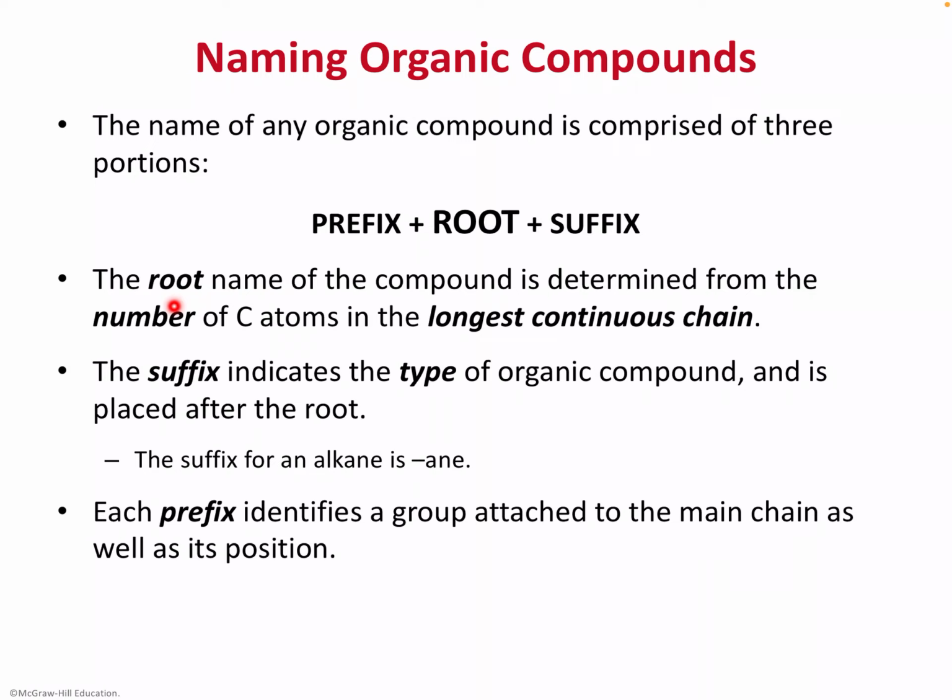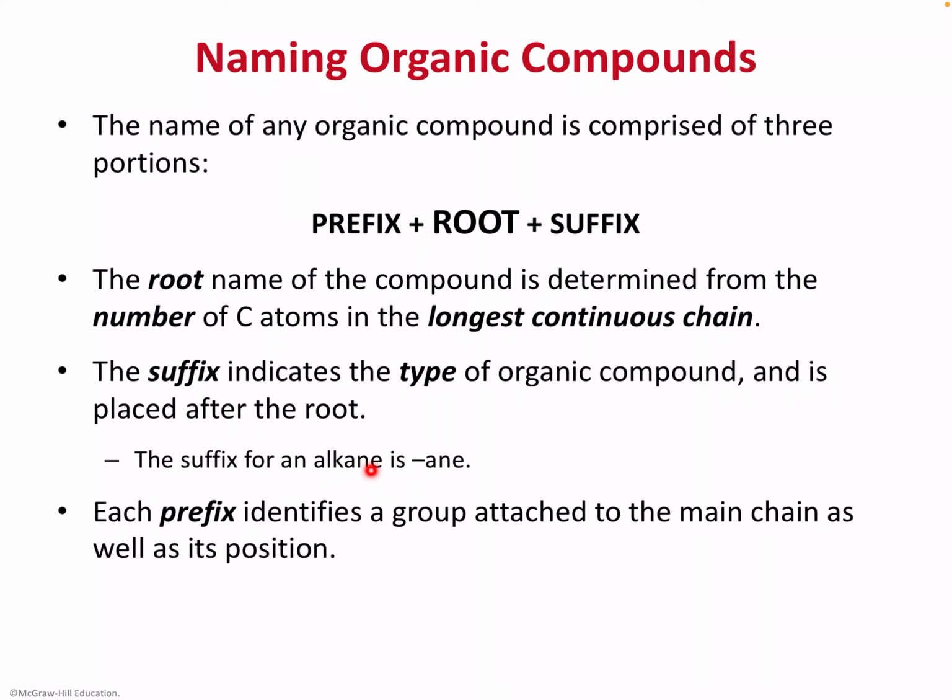How do we find the root name? You count the number of carbon atoms in the longest continuous chain and you choose the name based on that. The suffix indicates the type of the organic compound and is placed after the root. Suffix for alkane is "-ane".